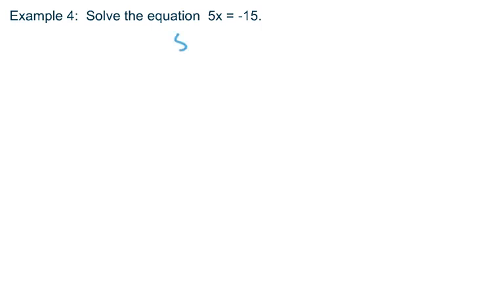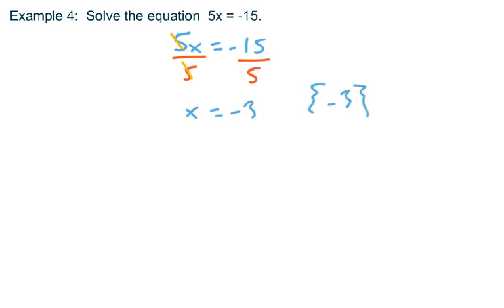And as long as I divide both sides by the same thing, the equation will be balanced. 5 divided by 5 is 1, which leaves me with an x, and negative 15 divided by 5 is negative 3, the solution set is negative 3.